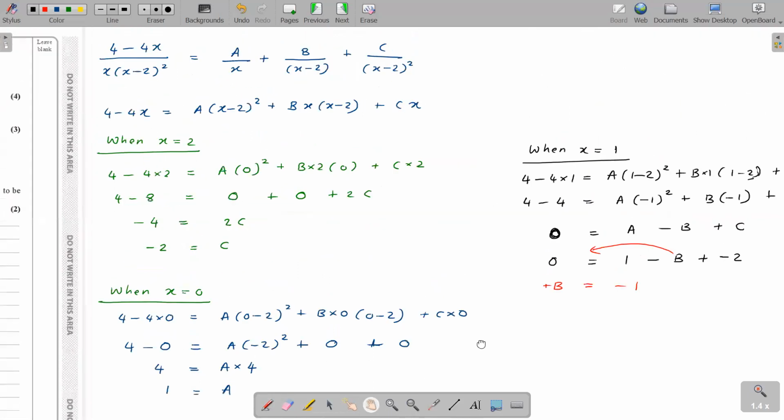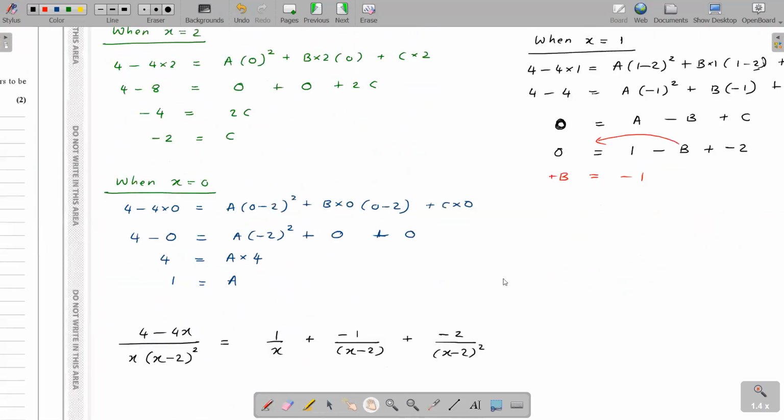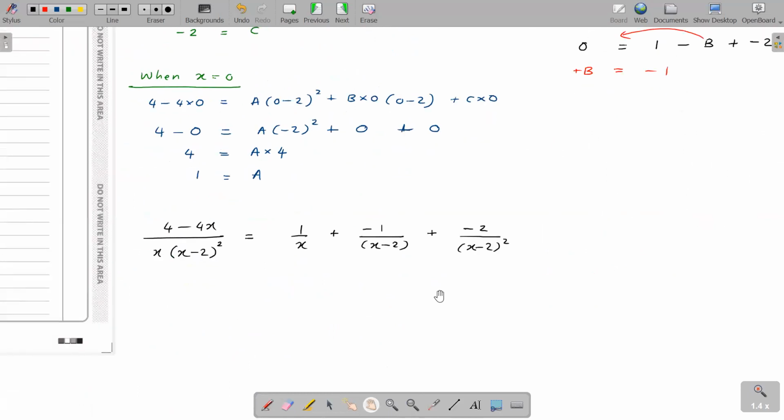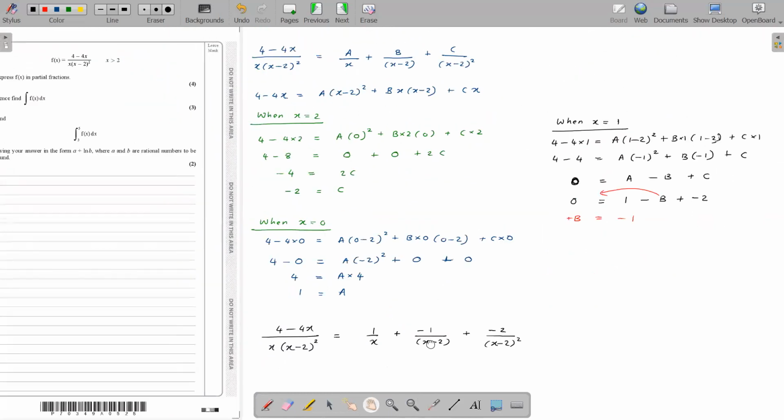Basically, I just replace the ABC values. Okay, agreed? So these are my partial fractions and this is the answer for part A.